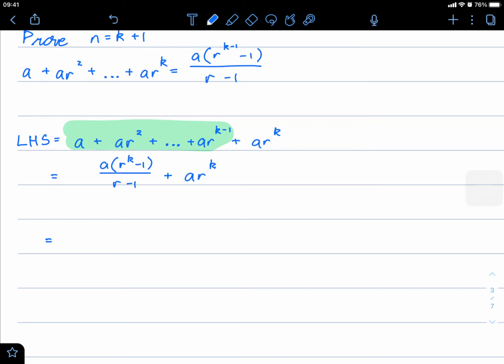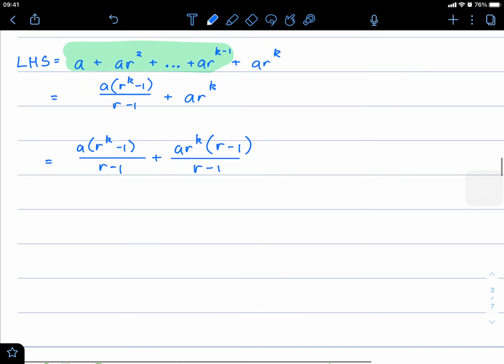Making the denominators the same, we get the same r minus 1 for the left-hand term, so that remains the same. But this other term needs the same denominator, so it's going to be ar to the power of k times r minus 1. From here, we're going to do some expanding. ar to the power of k minus a plus, expanding this out, we get ar.